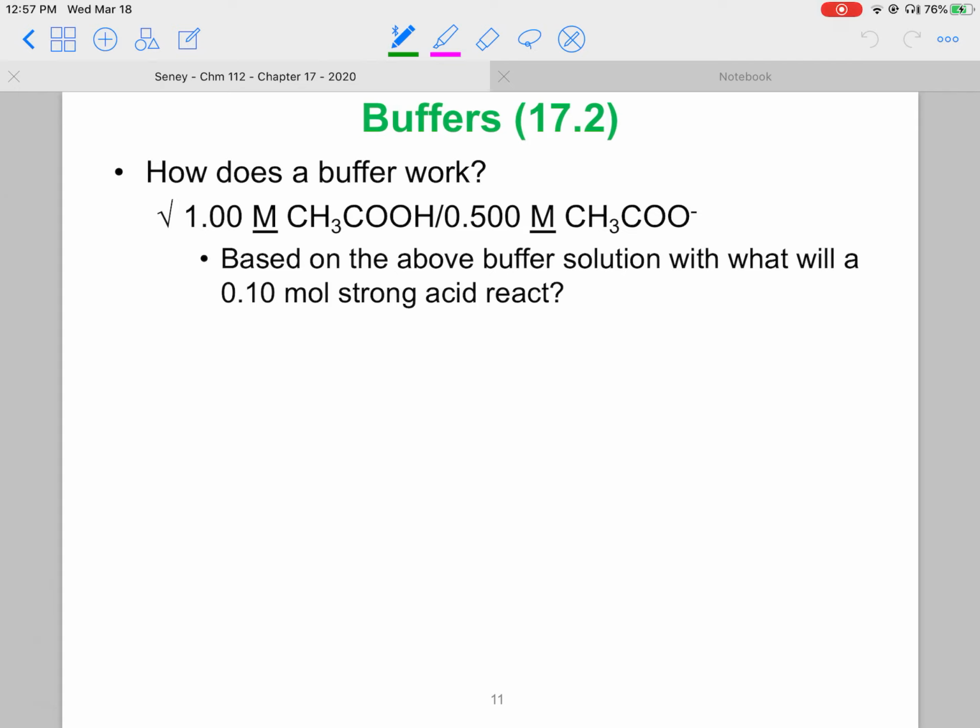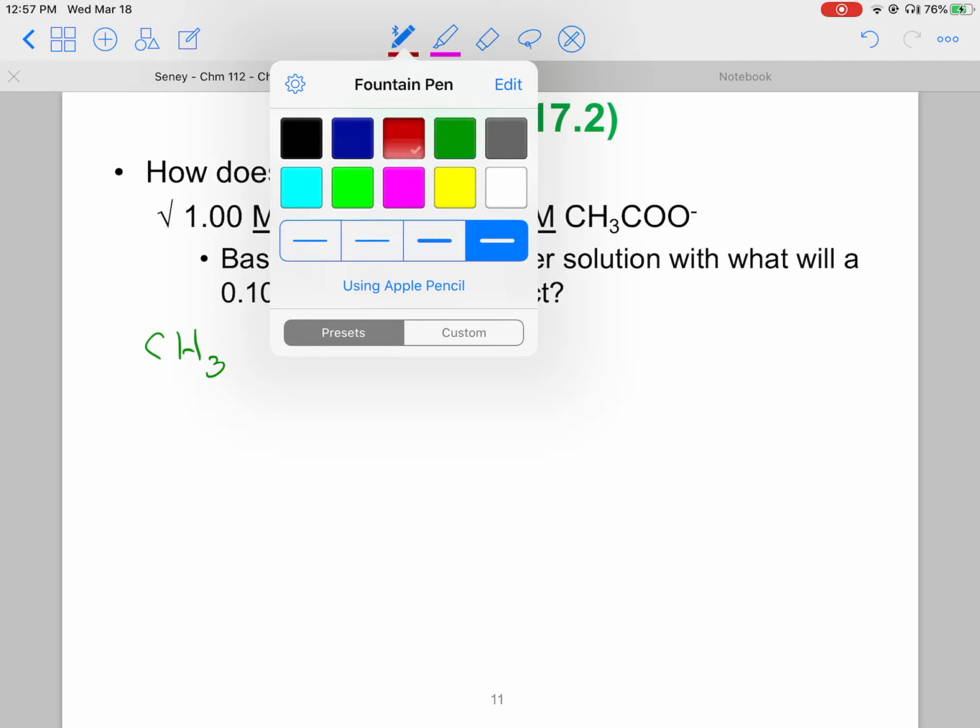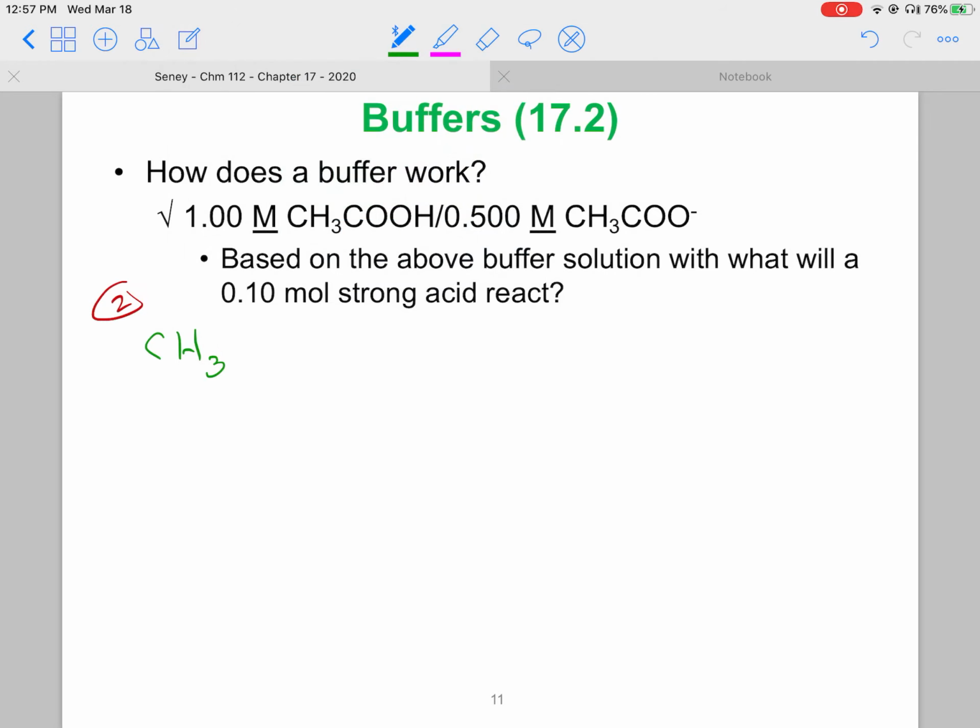So if we continue this, now we've got numbers, and we have 0.1 mole of a strong acid reacting. In this case, I'm going to start again with my reaction. This is step 2. Do we have a reaction? We've already determined yes. So we've got our strong acid and our conjugate base reacting. We're going to see what happens.